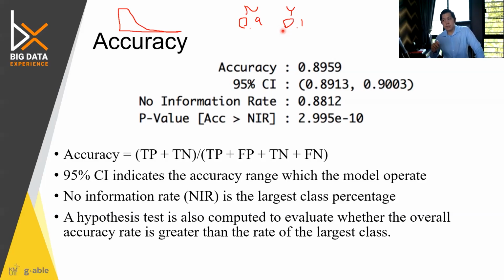So let's take a look at another measurement here. There's a row called, let me skip to here, called no information rate. No information rate gives you the percentage of the largest class. It gives you the probability, suppose that you randomly sample from the classes, what would be the accuracy of that, right?